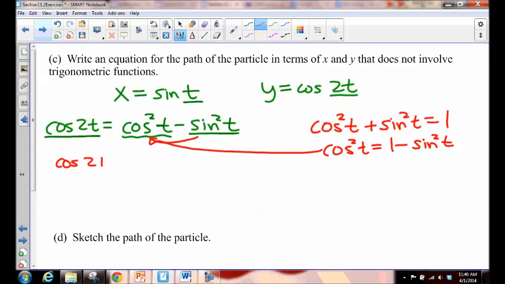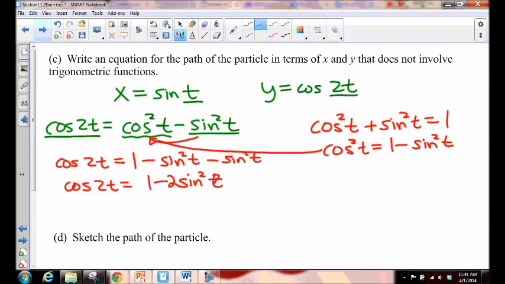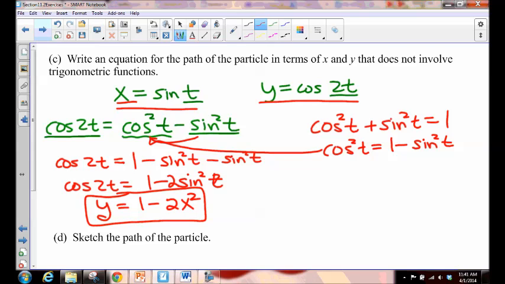So I'm going to have cosine 2t is going to be 1 minus sine squared t minus sine squared t, or cosine 2t is going to be 1 minus 2 sine squared t. And then I can go back up to my original expressions here and see that cosine 2t is going to be y, and that sine t is going to be x. So I end up with y is equal to 1 minus 2x squared.